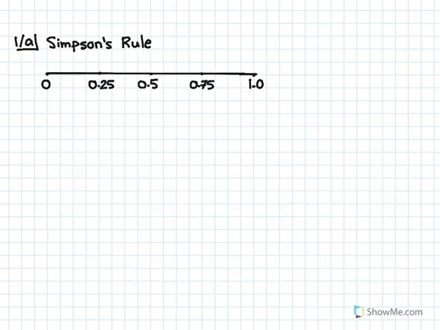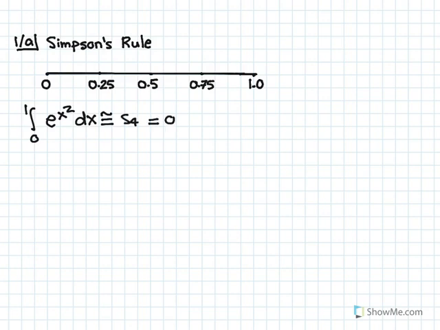All right, so we draw our line, and this has all the x values that are equally spaced, and the partition width is 0.25, and we have 4 intervals. So the Simpson's rule approximation formula is applied. The integral from 0 to 1 of e to the x squared dx is approximately equal to S4.